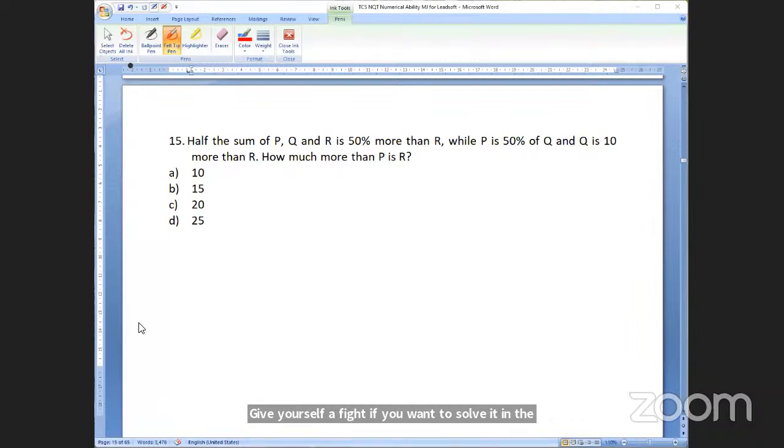Solving the question is important, but solving in the given time is more important. Timer is running.